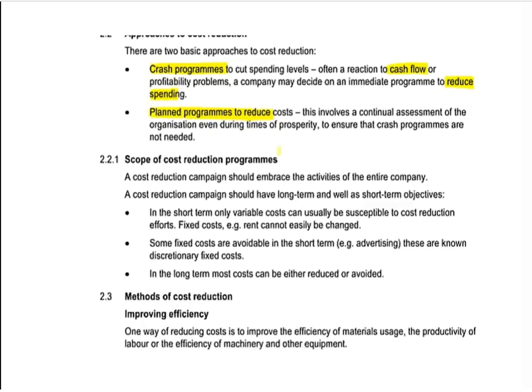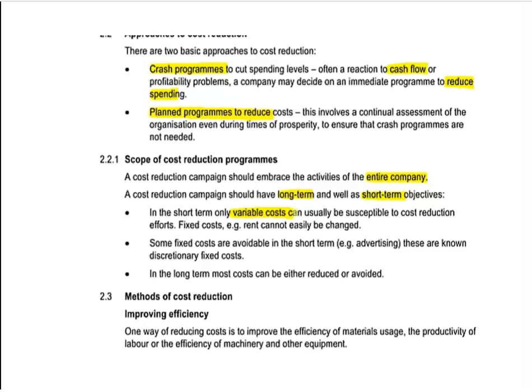Businesses that are implementing cost reduction programs should look at all of the activities of the company and should think about savings that will have long and short-term benefits. So in the short term, it's easy to go after your variable costs because they are susceptible to cost reduction efforts.